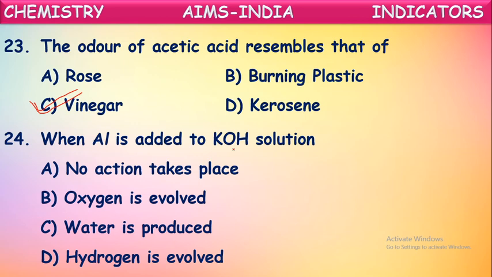When metals react with strong bases, they form metal salts and release hydrogen gas. Some metals like aluminium and zinc react with strong bases like sodium hydroxide and potassium hydroxide, and form their respective salts. Here aluminium reacts with potassium hydroxide, forms potassium aluminate salt and releases hydrogen gas.